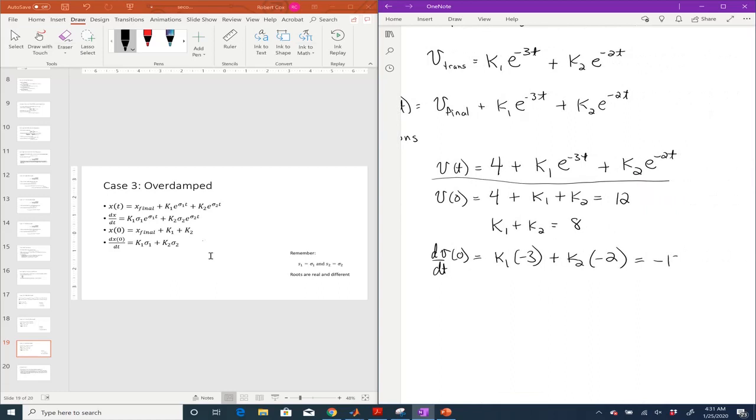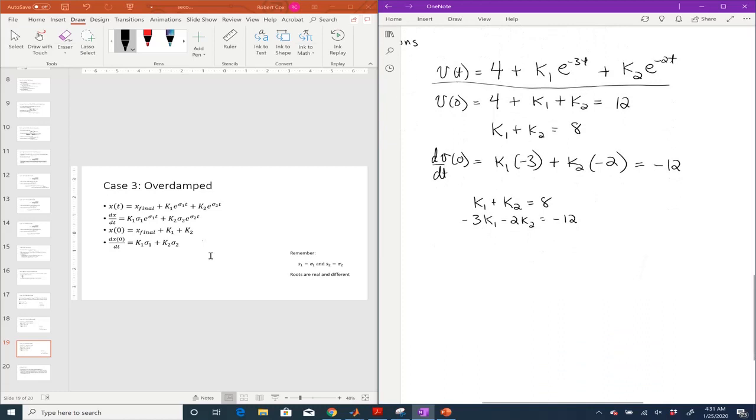So my two equations are K1 plus K2 equal to 8, and -3K1 minus 2K2 equal to -12.